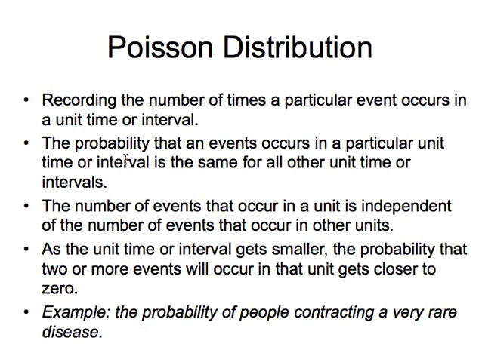As the unit time or interval gets smaller, the probability that 2 or more events will occur in that unit gets closer to 0. An example would be the number of people contracting a very rare disease, or another example could be the number of accidents at a roundabout in a given month. Something like that will constitute a Poisson distribution.